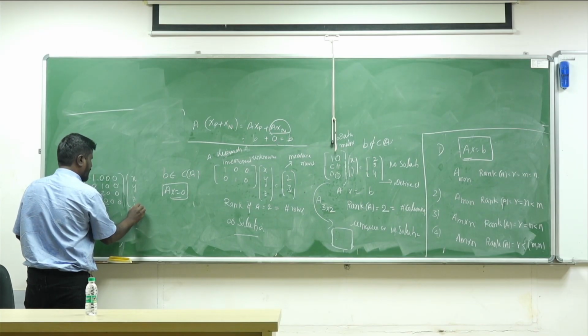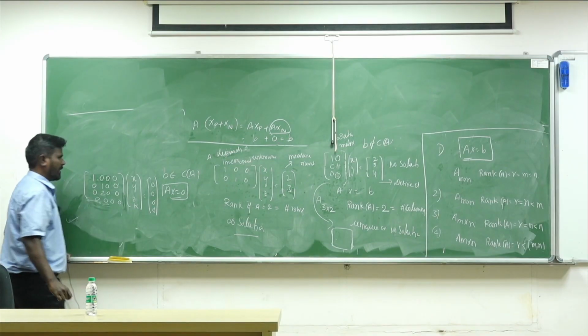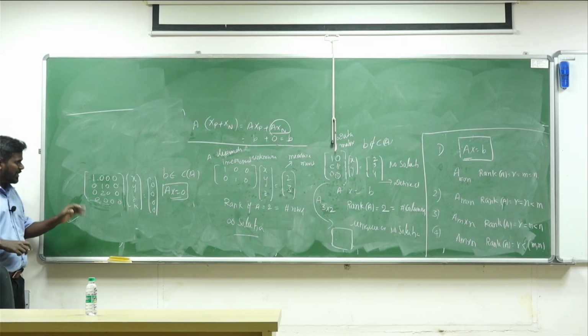It won't be a sparse matrix; I'm just giving an example. You don't find zeros here. You find other vectors, but the vectors are highly dependent. So this is the case.